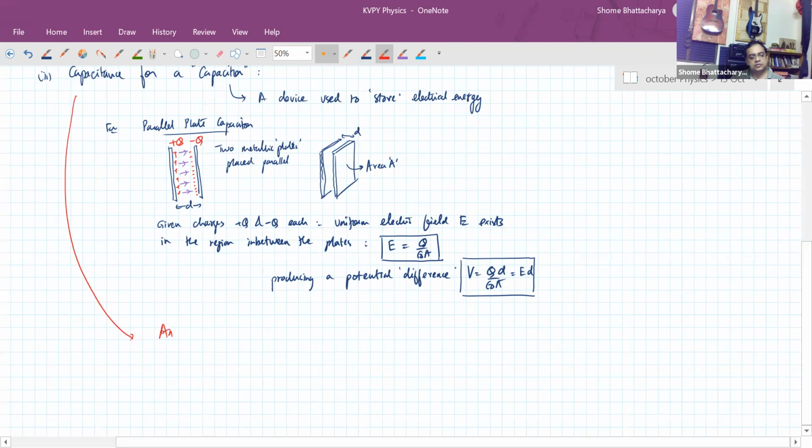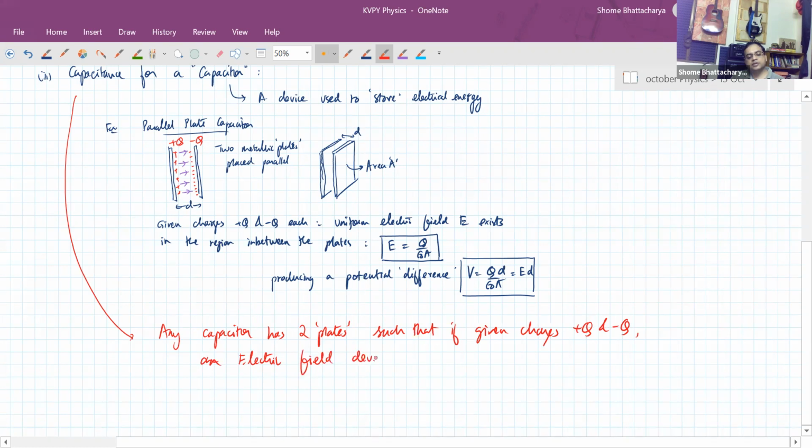Any capacitor has two plates such that if given charges plus Q and minus Q, an electric field develops between the plates and produces a potential difference between the plates of V equal to Q by C, where C is again the capacitance.